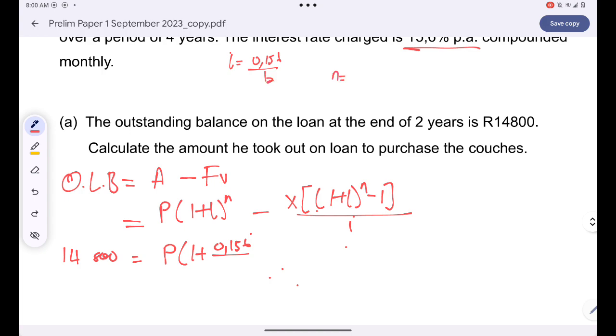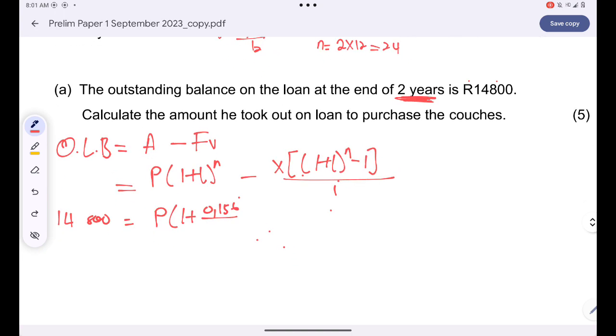And since I was given the outstanding loan balance at the end of 2 years, n is just 2 multiplied by 12, which is 24. Okay, let's substitute over there and see what answer we get.